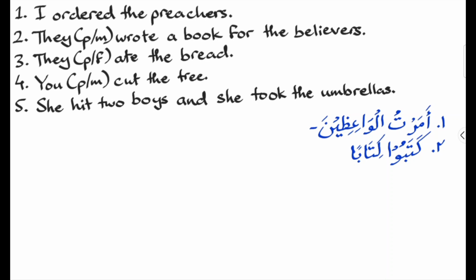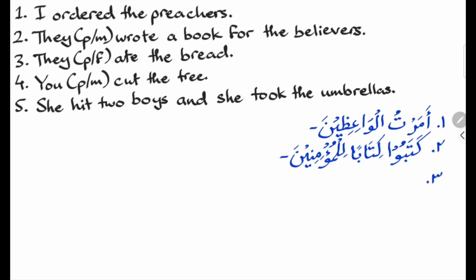And any word that comes after lam or any harful jar gets a kasra in the end, meaning it's in halatul jar. If it's in halatul jar, then you have to add a ya and a noon. Ina, not una. So katabu kitaban lil mu'minina.